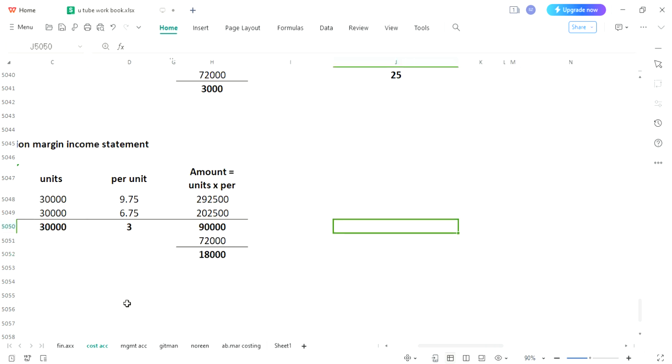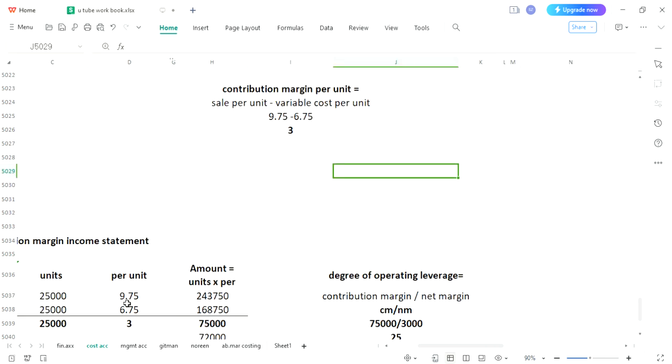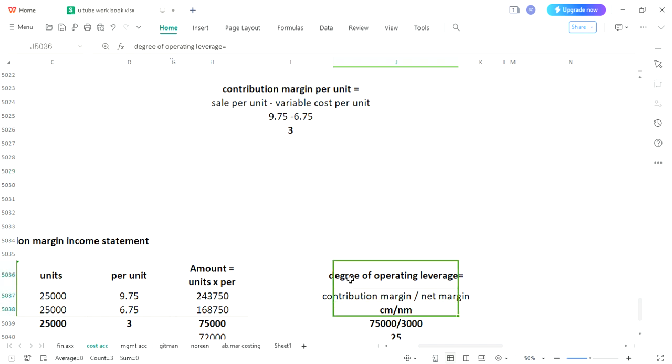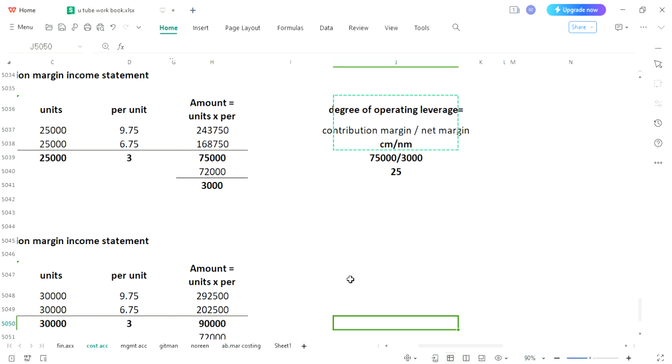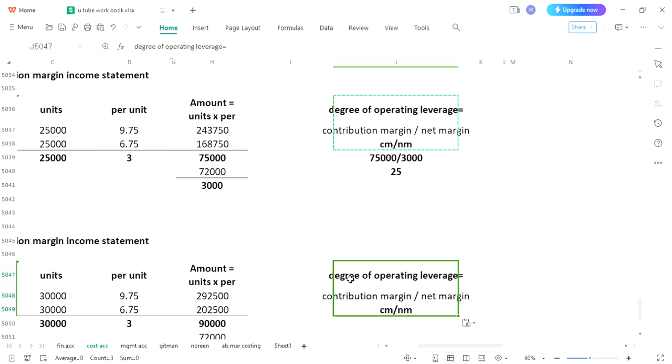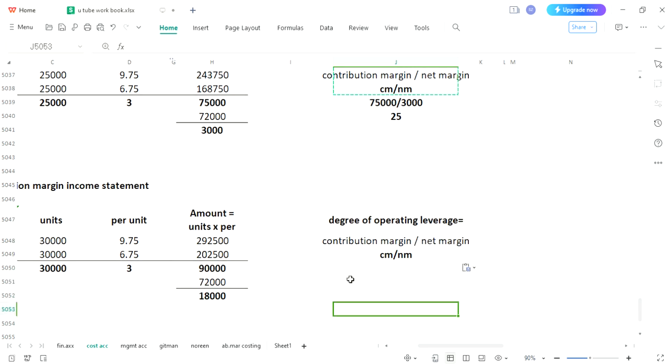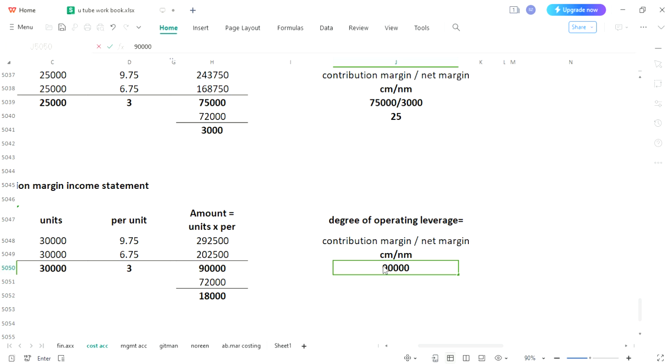Over here we will calculate degree of operating leverage, and as we know, degree of operating leverage is calculated by dividing contribution margin by net margin. Over here this amount 90,000 is your contribution margin, and you need to divide it by net margin, and that is 18,000. The statement is completed.